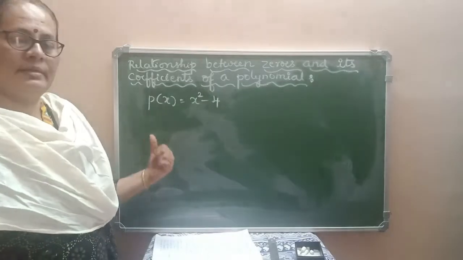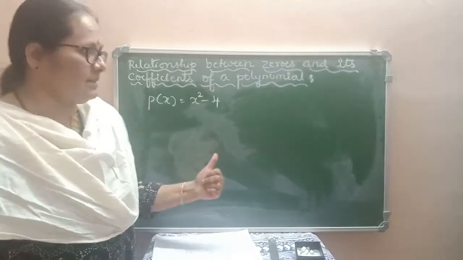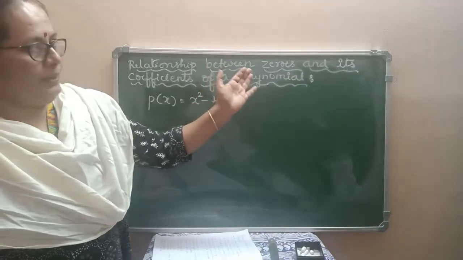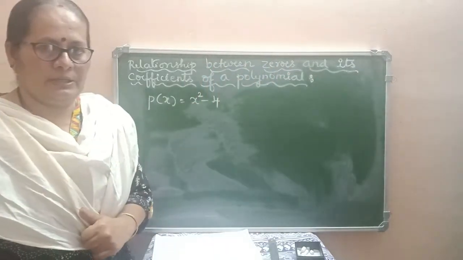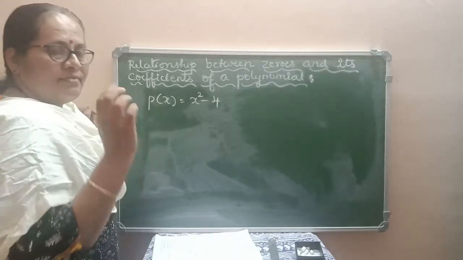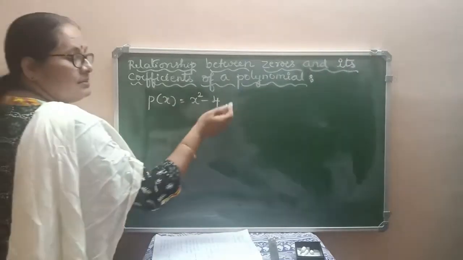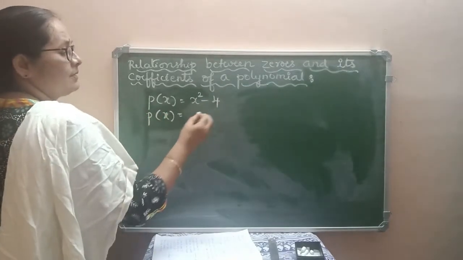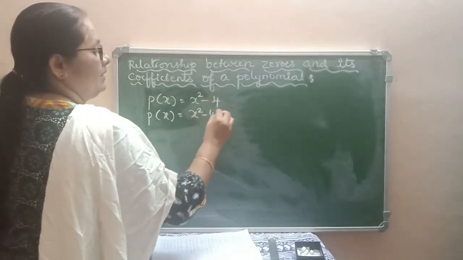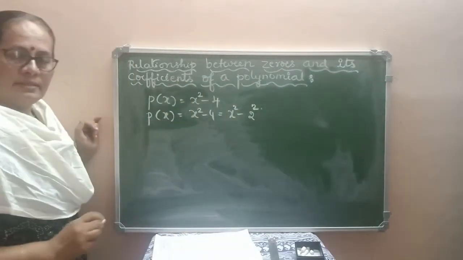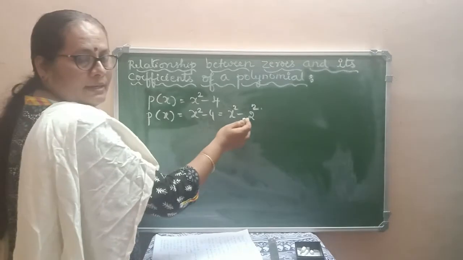Now you find the zeros of the polynomial first, then we compare and find the relationship between zeros and coefficients. To find the zeros of the polynomial, first you have to factorize it. So x square minus 4 can be written as x square minus 2 square, which is nothing but a square minus b square.